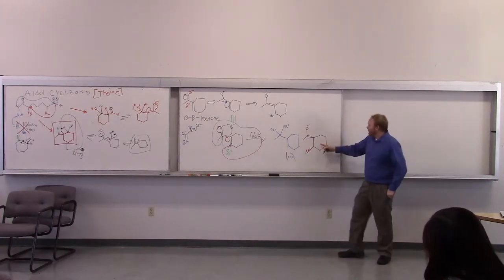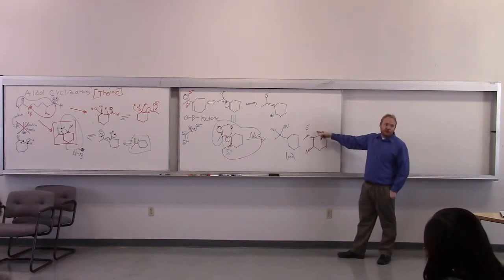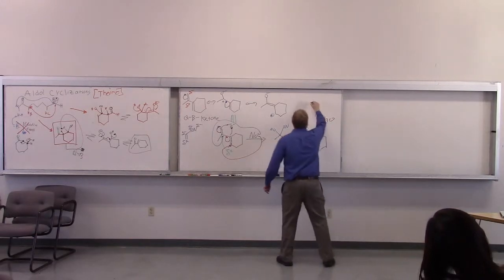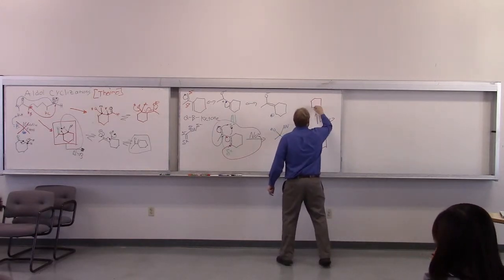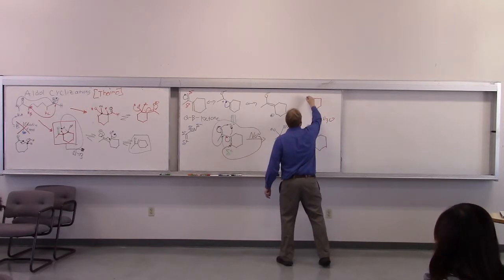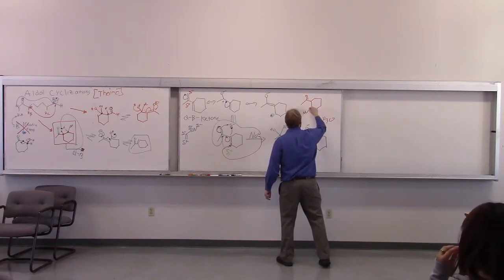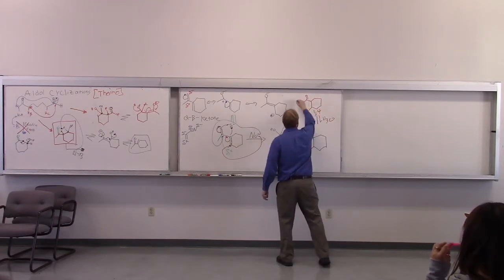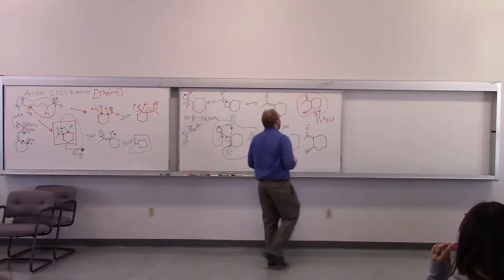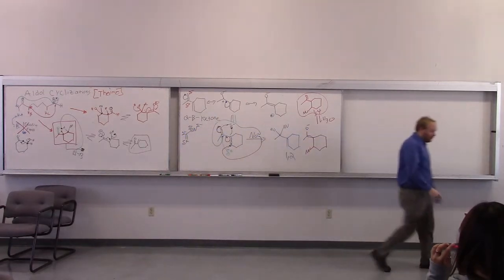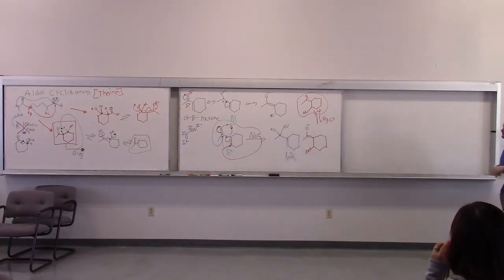So it can add 1,4, and it'll give us a resulting enolate, which we would then have to quench with H3O+ to give us our 1,4 product. So again, nucleophiles can add 1,2 or 1,4.